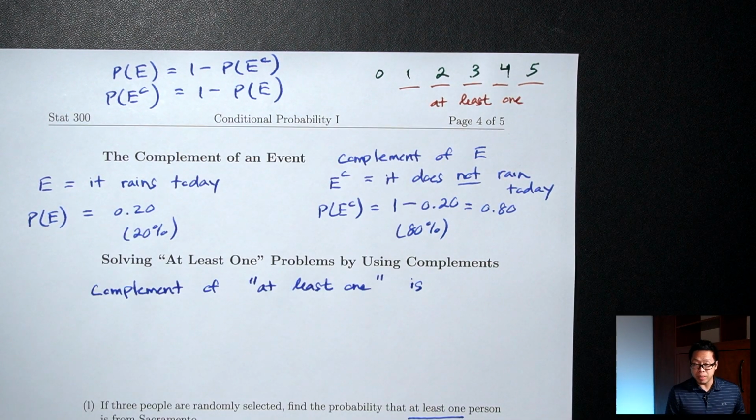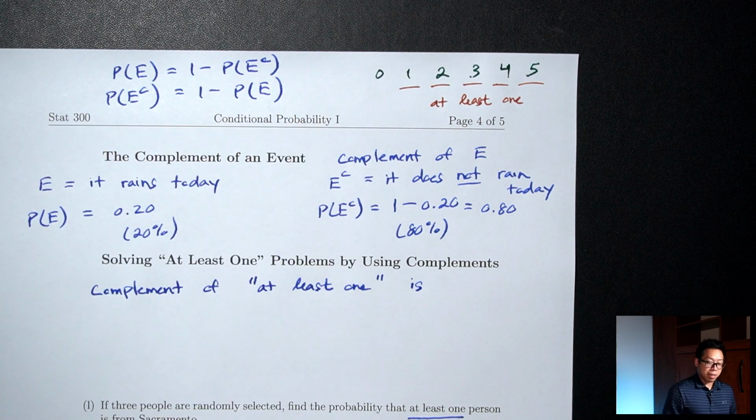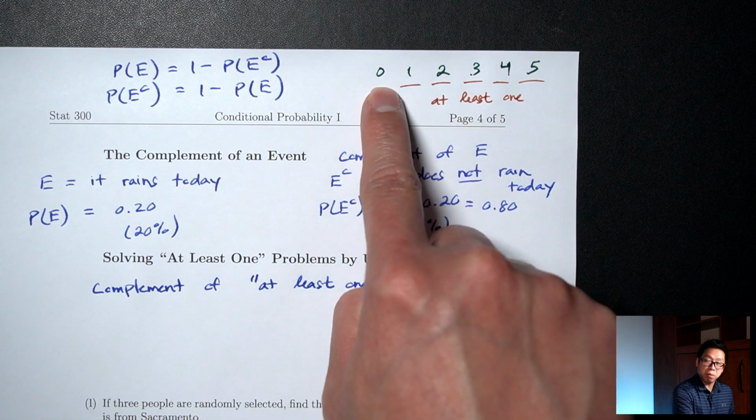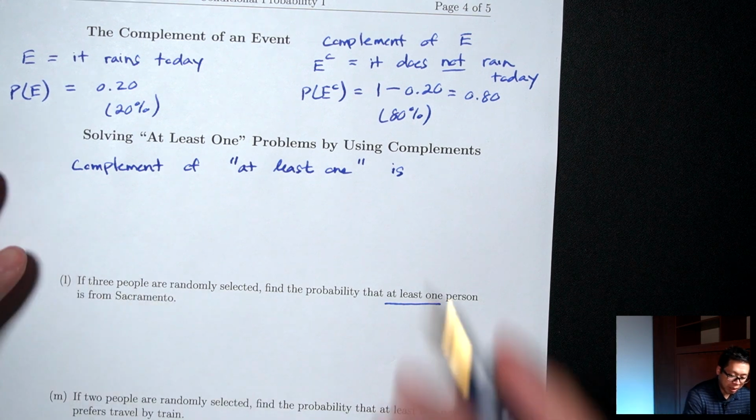Okay. What is the complement of at least one? Remember, complement means not. So what number is not underlined? 0. So the point here is that the complement of at least one is 0. Complement of at least one, and instead of 0, I'm going to write none here.